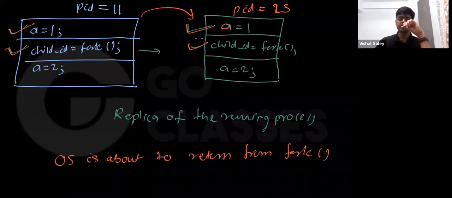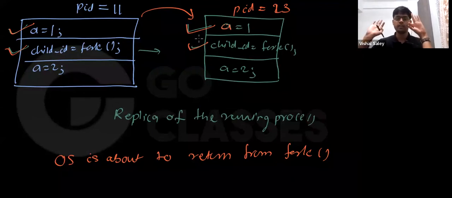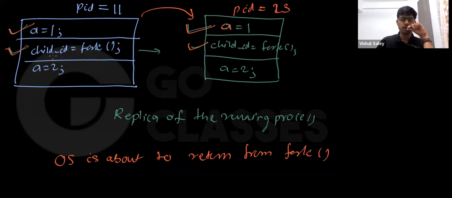Both the processes will start executing from that particular point. In the original process, the execution will resume by reading this particular return value. In this process, the execution will resume by reading this particular value. Is this understood?